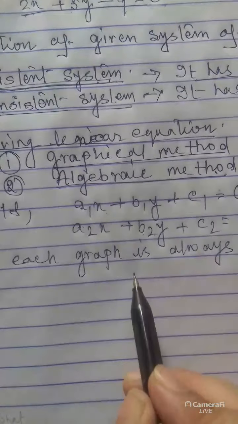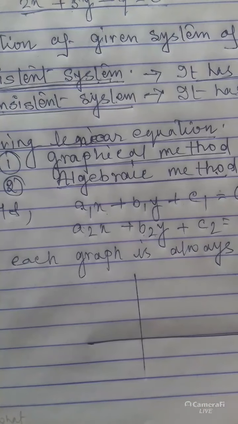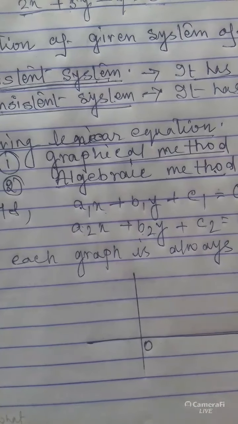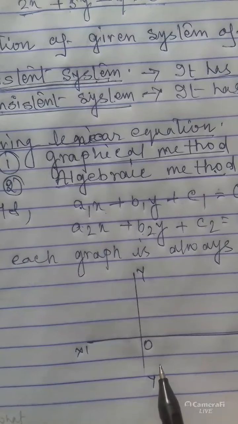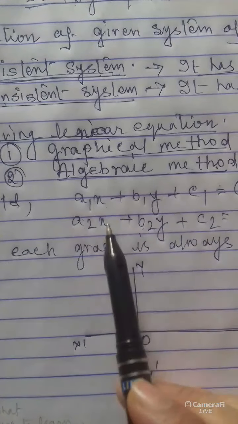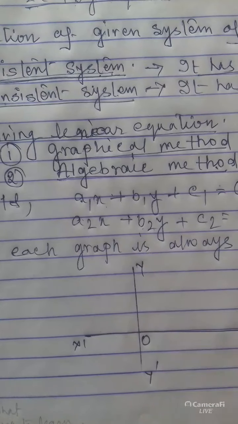Now, suppose this is the graph with origin 0, x, x dash, y and y dash. There are two graph lines here for the two equations.